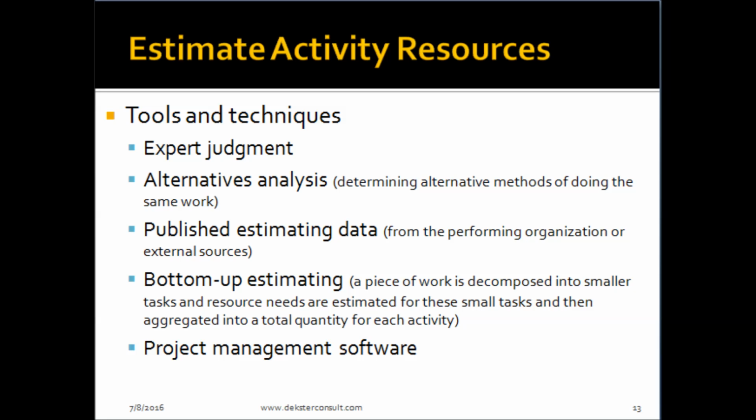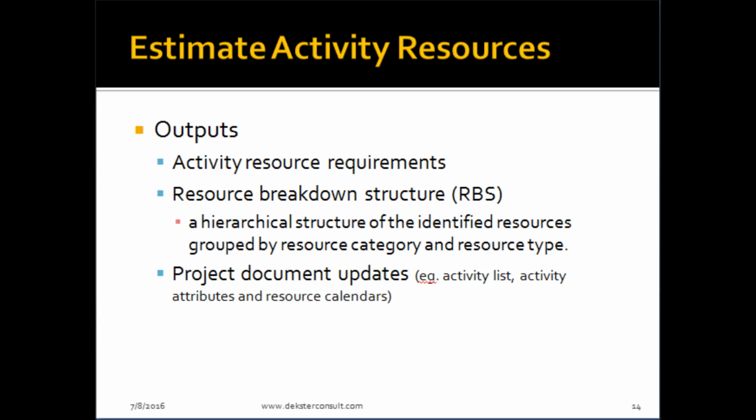Then bottom-up estimating. When a piece of work is decomposed into smaller tasks, resources are estimated for these small tasks and then aggregated into a total quantity for each activity. Estimating that way gives us more accurate estimates. Bottom-up estimating is the name. Now, project management software could also be a very useful tool for estimating.